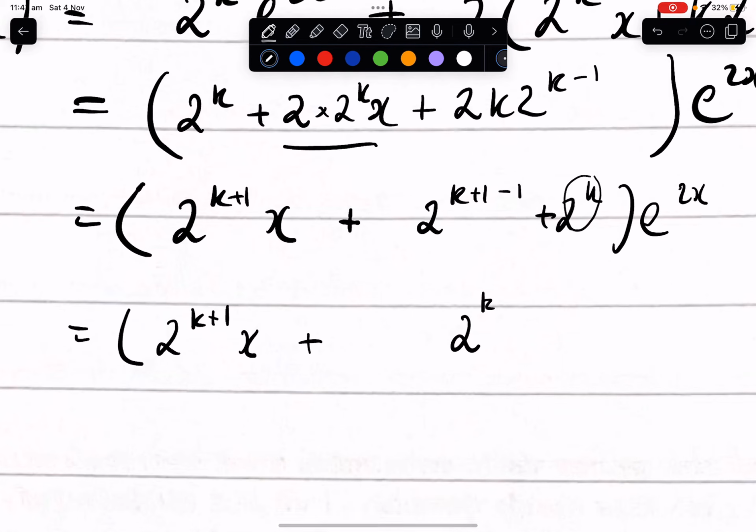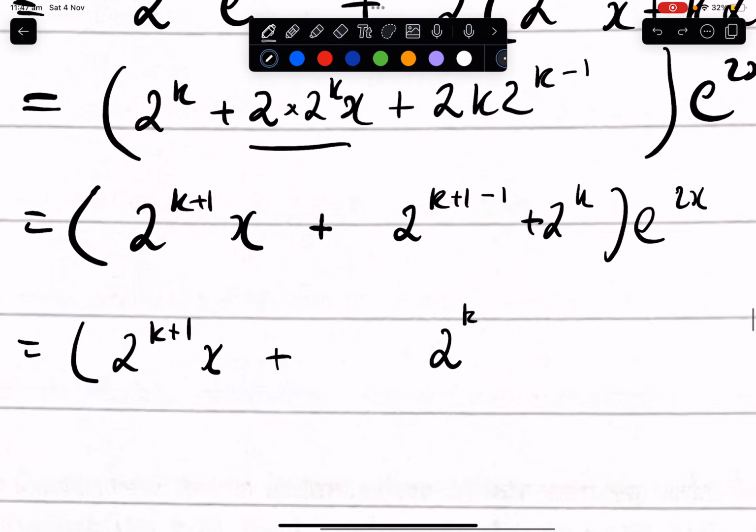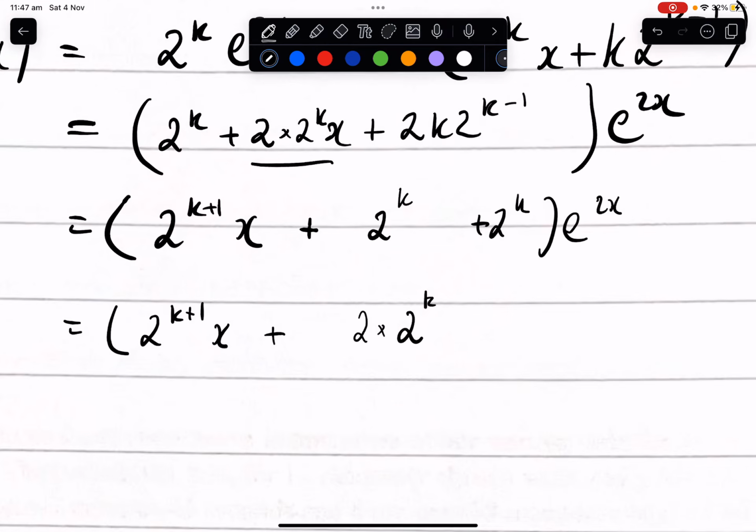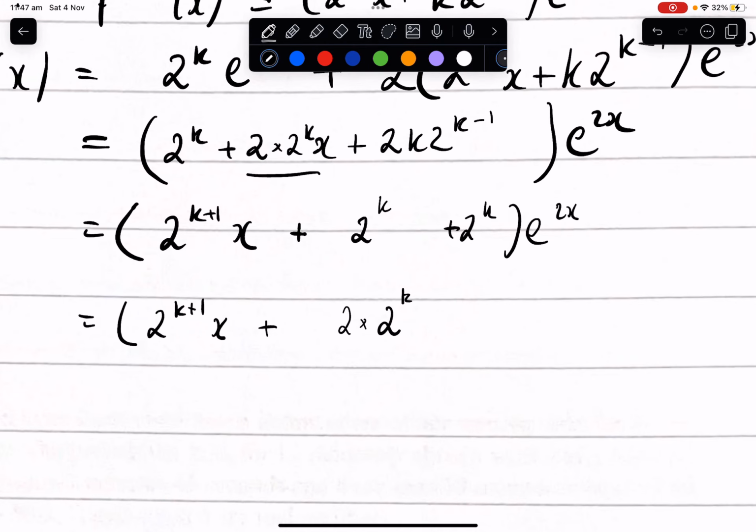Yeah, if you take 2 to the k as a common factor, because remember that's the plus 1 minus 1 that you want. And then you've just got 2 to the k. I'll just write it at the end like that. So that's 2 times 2 to the, what the hell?